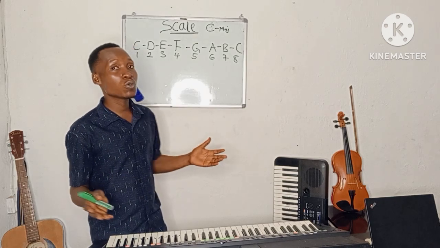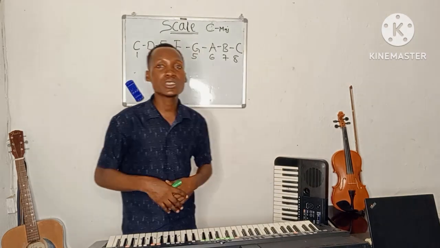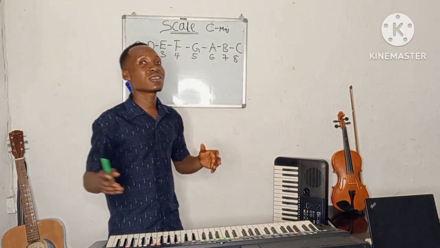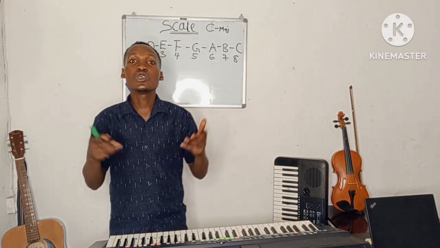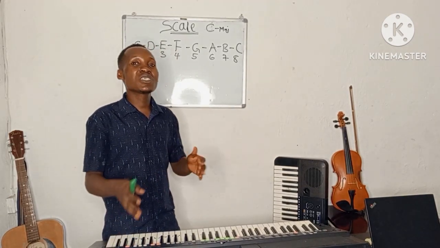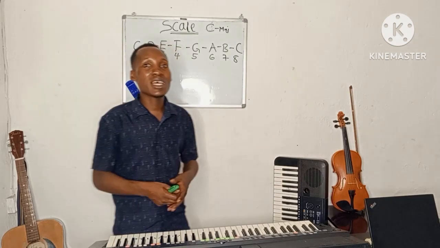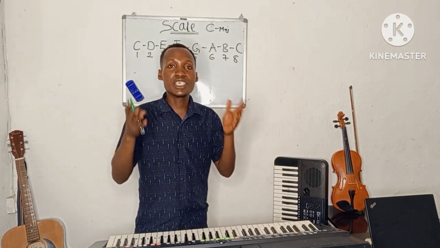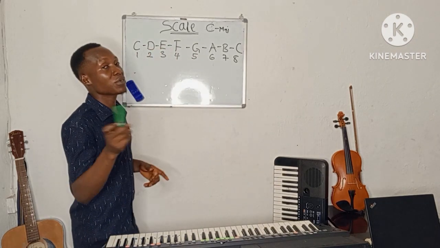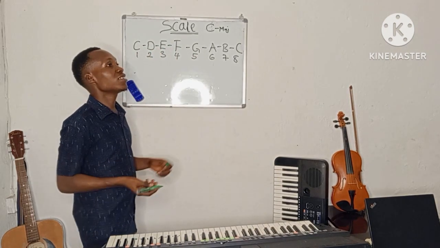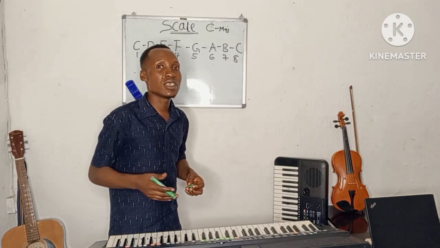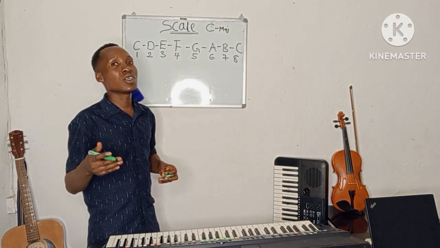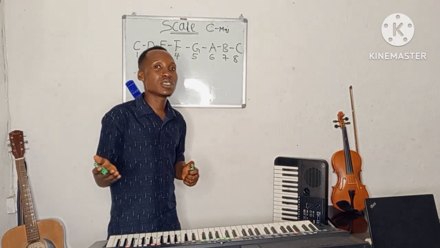Now, if you want to look at another key in a major scale, for example, let's talk about G major. If you are talking about G major, that means the key of that scale is key G major. Remember I said the letter of the key determines what you begin the scale with.